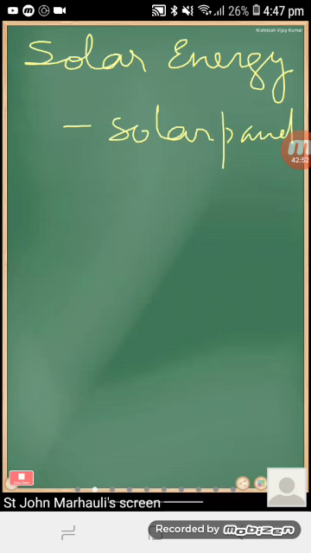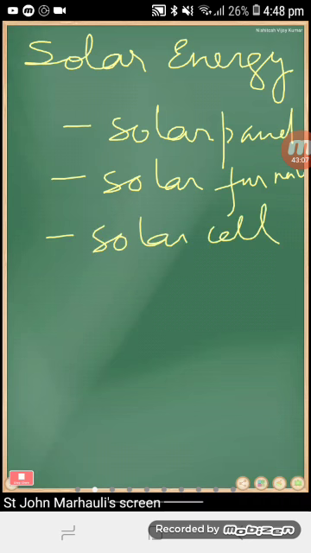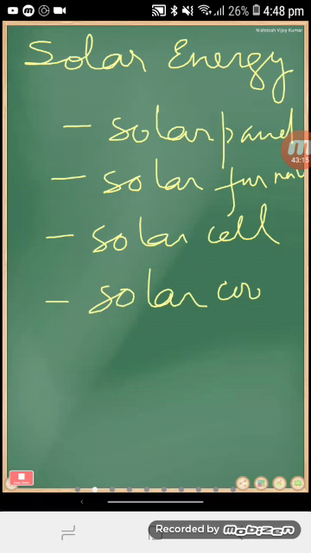We may be using solar furnace, solar cells. We have solar water heaters. We are using solar cookers. These you have already studied. Therefore, solar panels, solar furnace, solar cells. Solar cells you are already aware of.